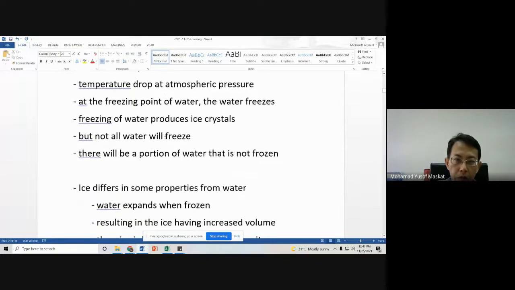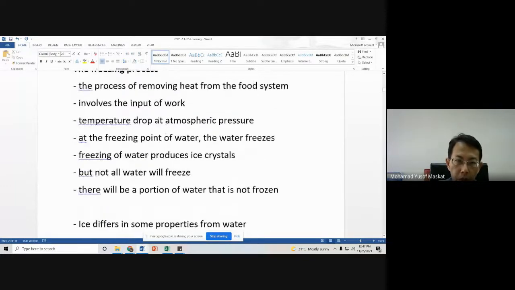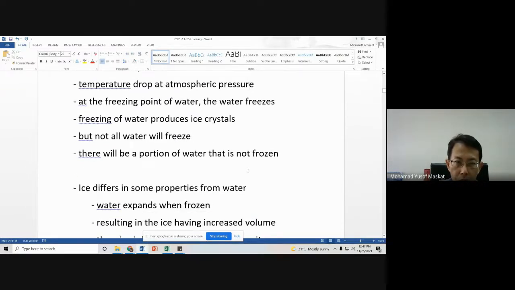What happens is the product will experience a temperature drop at atmospheric pressure, meaning there is no change in pressure, only the temperature is reduced. As you all know, at the freezing point of water, water freezes. It will undergo a phase change gradually from liquid to solid, and it will produce ice crystals.